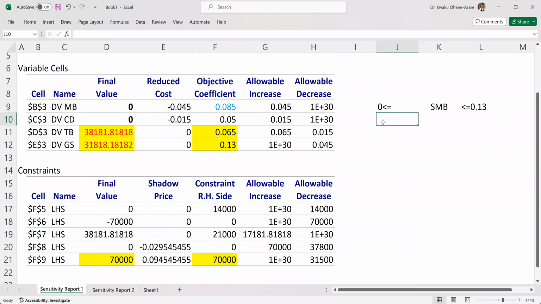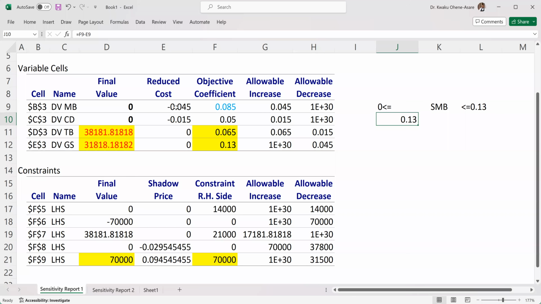The minimum should be the objective function minus this value, that is minus 0.045. The objective function minus that will give you 13%. So it means that the minimum that would motivate Ama to invest here is 13%.